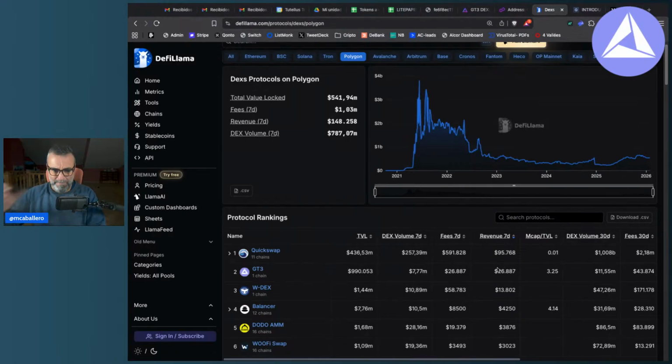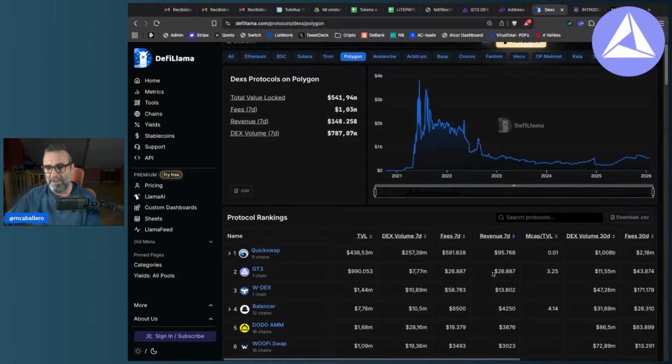This is crazy because we are still a very small DEX with only $1 million of liquidity, TVL, okay? And we generate a crazy amount of money in revenues versus the TVL we have. For example, QuickSwap, which is the first DEX in generating revenue, generates only about 4 times more revenue than us.